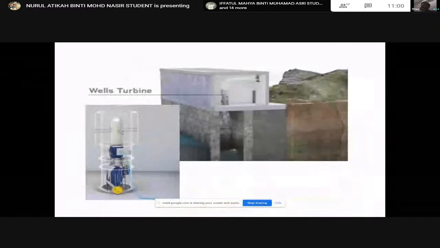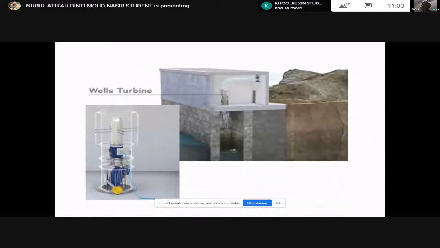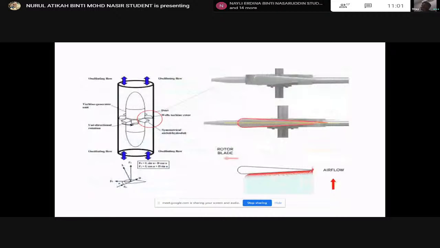Okay, the Wells turbine has a special feature. It always rotates in the same direction regardless of which direction the airflow comes from. How is this possible? It is possible because of the symmetric shape of the rotor blade.